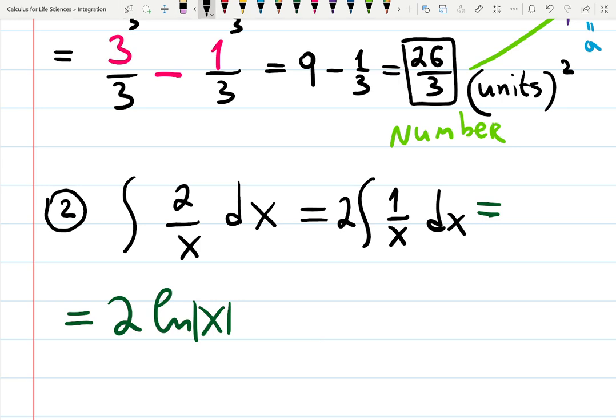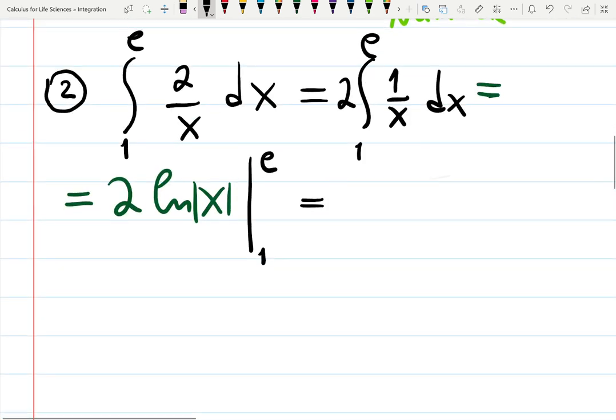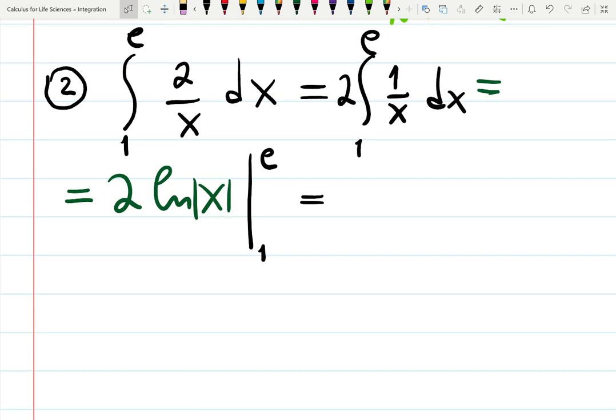Now remember, it was from what? 1 to e probably, yeah? So it was from 1 to e. From 1 to e, instead of plus c, you put a bar, 1 and e. This bar means at. It's pretty international notation to put a bar that means at. So it's 2 natural logarithm of absolute value x at e minus at 1.